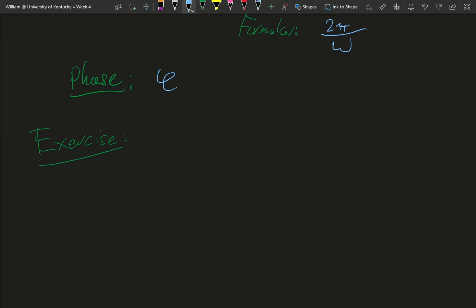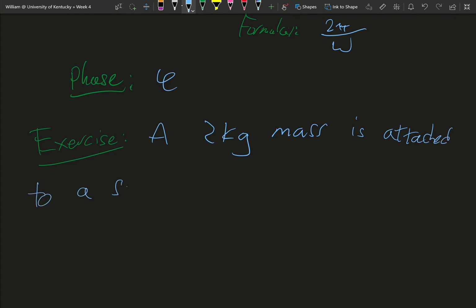All right, we'll just end it with an exercise. A 2 kilogram mass is attached to a spring, stretching it .5 meters.